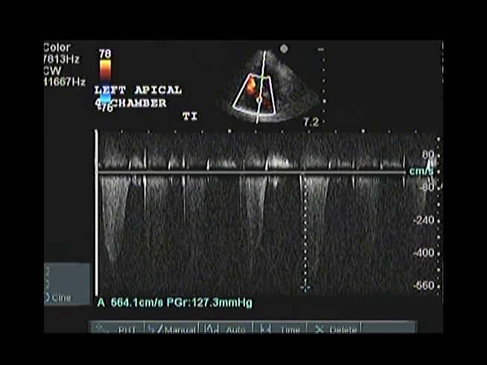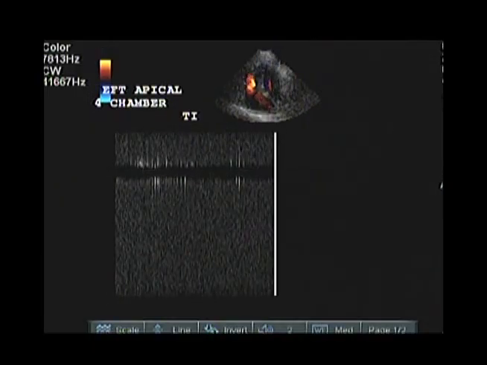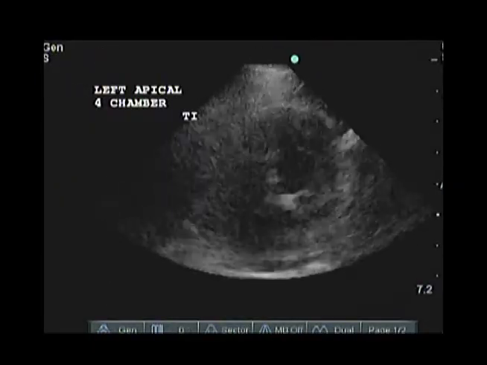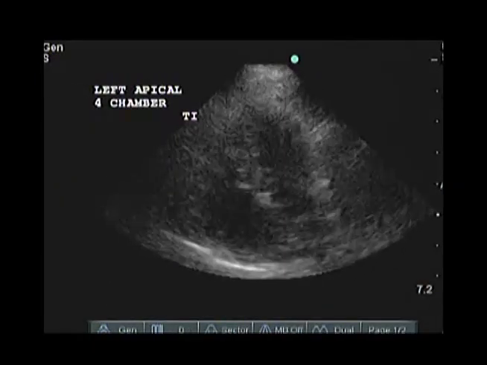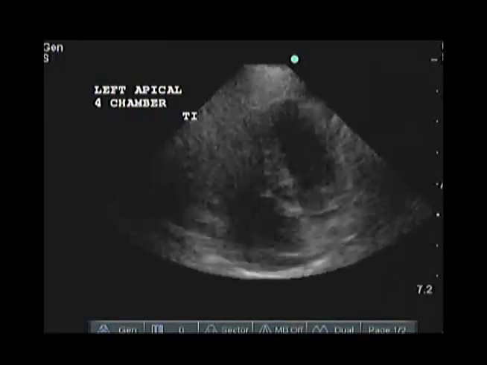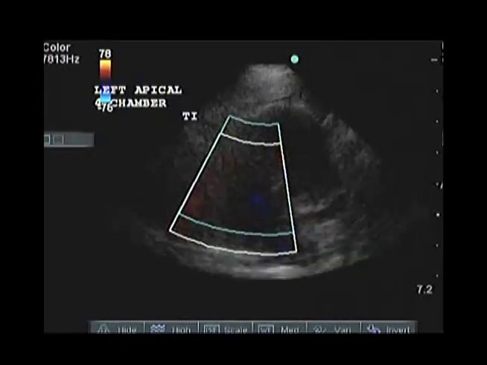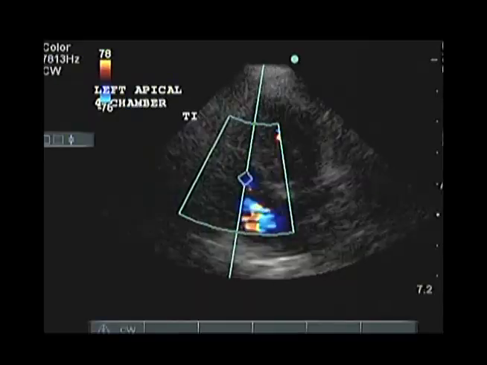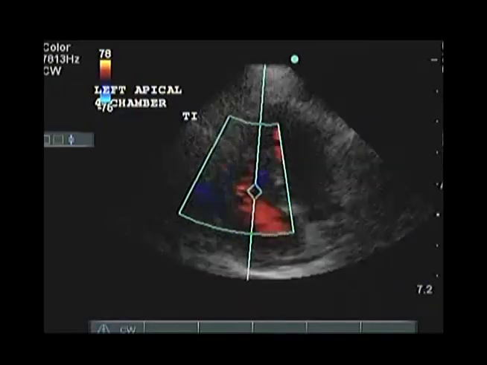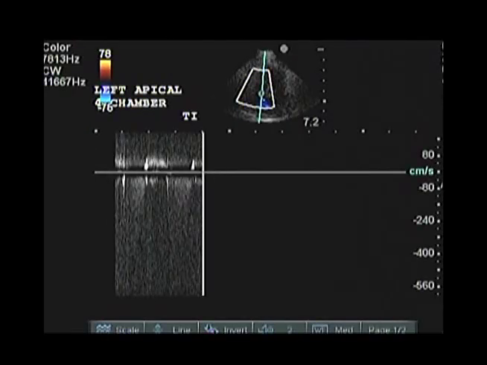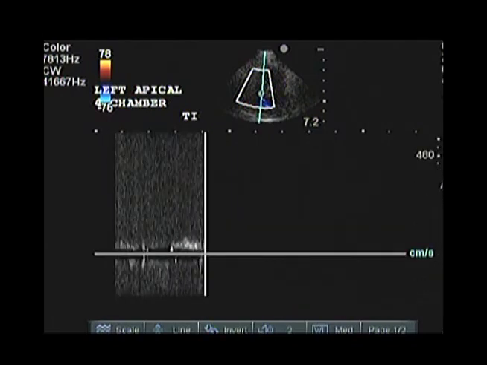Normal pressure in the right ventricle is 20 millimeters of mercury, and anything above 30 millimeters of mercury indicates a pulmonary hypertension. The pressure gradient of the tricuspid insufficiency has revealed a pulmonary hypertension in this dog.